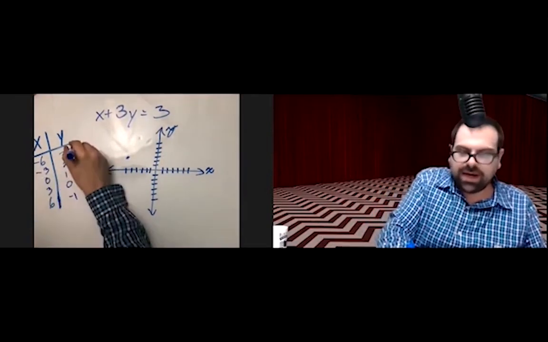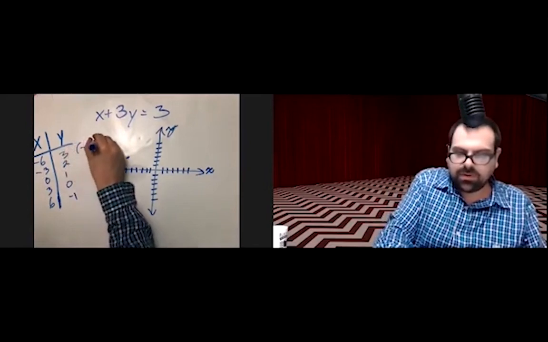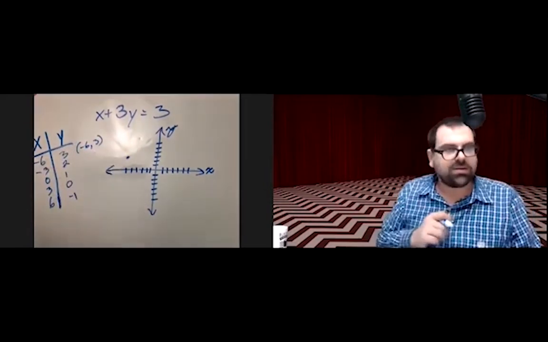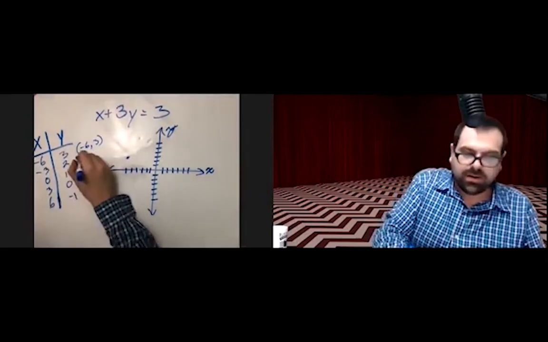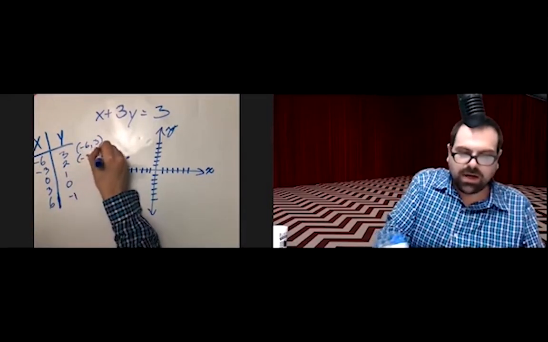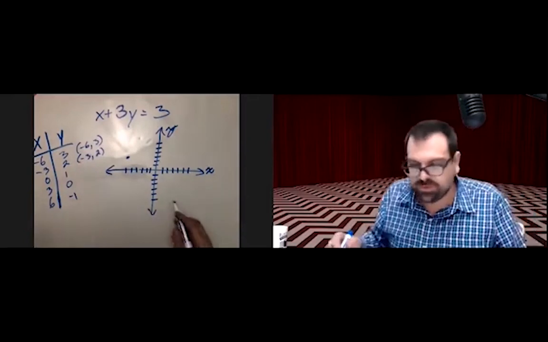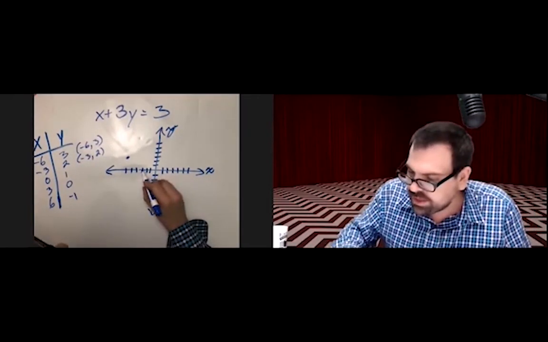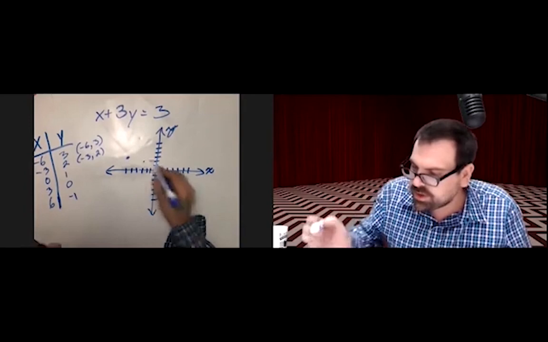And again, I'm pulling these right out of the table. X and Y just becomes an ordered pair. -3, 2. -3 on the X, 2 on the Y.